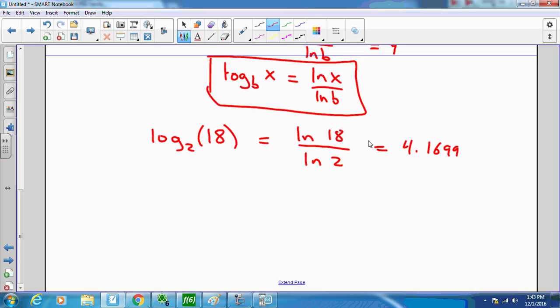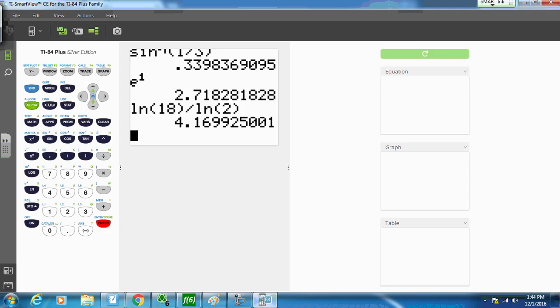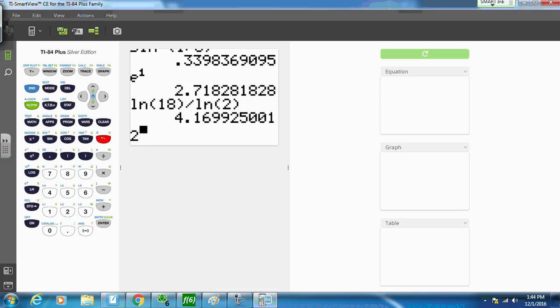If the log base 2 of 18 is 4.1699, then what other statement should be true also? There we go. We can check it by taking our base as the base of the exponential and seeing whether or not this exponent actually gives us 18. Let's find out.